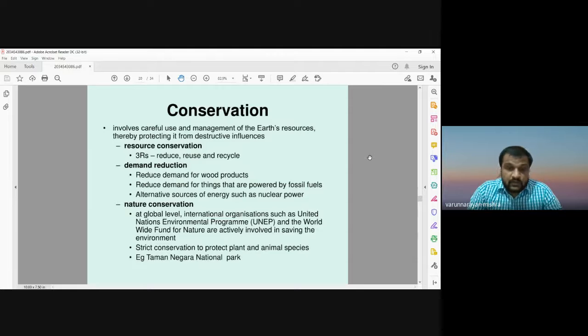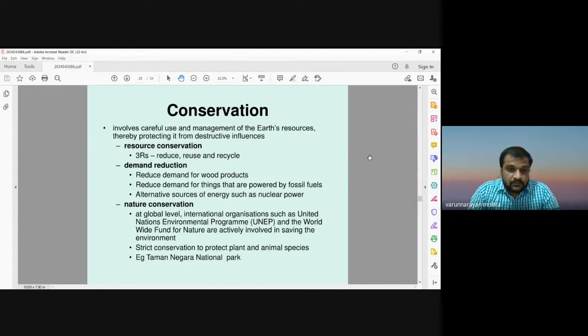We should develop alternative energy resources that can be used to reduce the use of fossil fuel. If we use less fossil fuel, it will have less impact on the environment in terms of carbon dioxide and carbon monoxide.